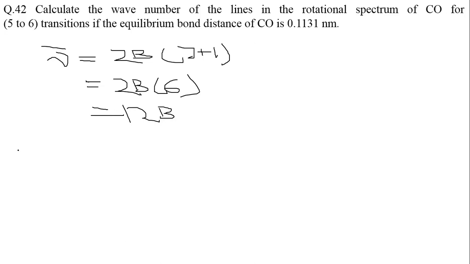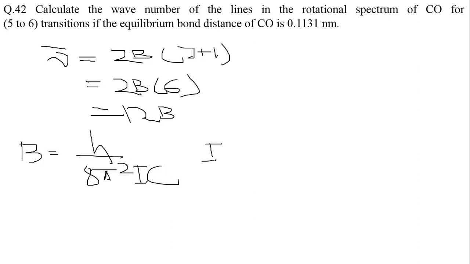Like in the previous question, we calculated the value of B. B is h by 8 pi square IC, and I is equal to mu r square. So when you put all the values, we can calculate the value of B.